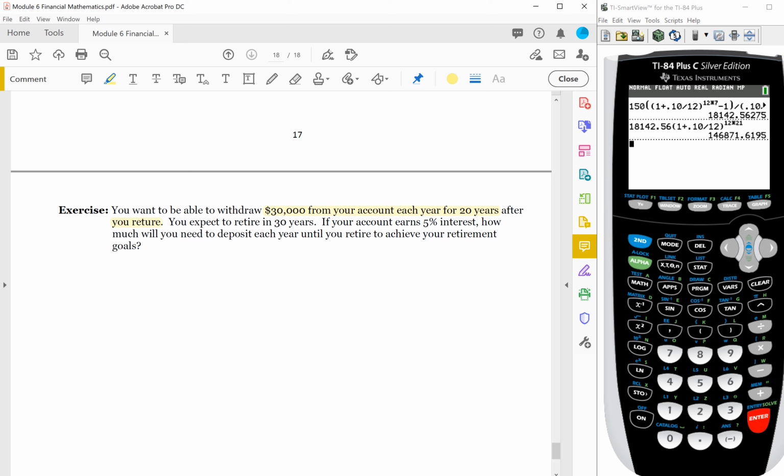You expect to retire in 30 years. If your account earns 5% interest, how much will you need to deposit each year until you retire to achieve your retirement goals?